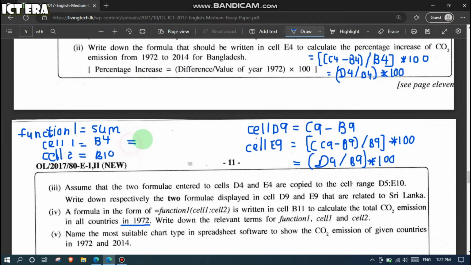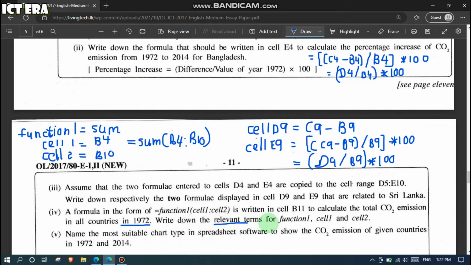Or else you can write here equal sum B4 to B10, but the best way is this one, because they are expecting the answer like this.